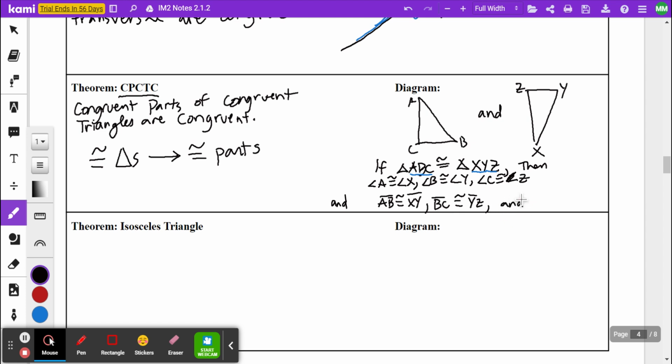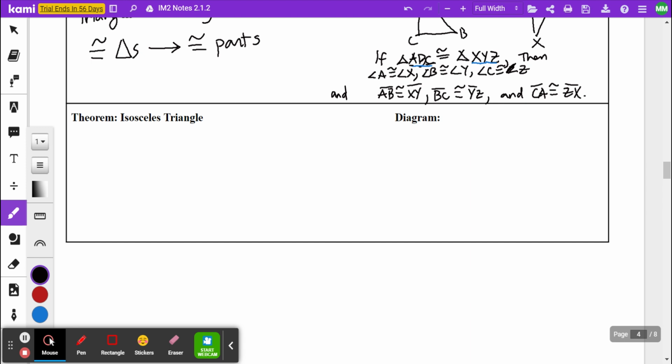And then the last one that I'm going to do is looping around the sequence of letters. So I go from the last letter to the first one, CA. CA is congruent to ZX, period. The congruent parts of congruent triangles are congruent, and I can identify from the congruent statement which parts belong to which.